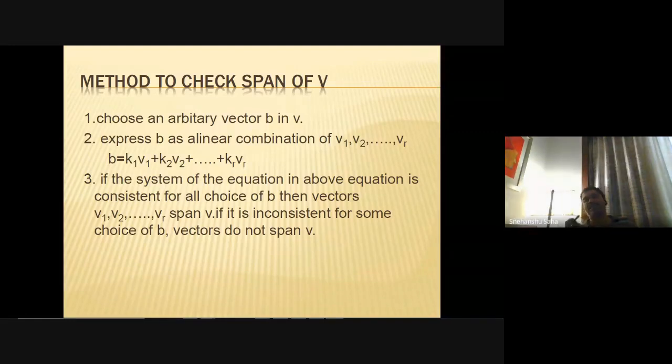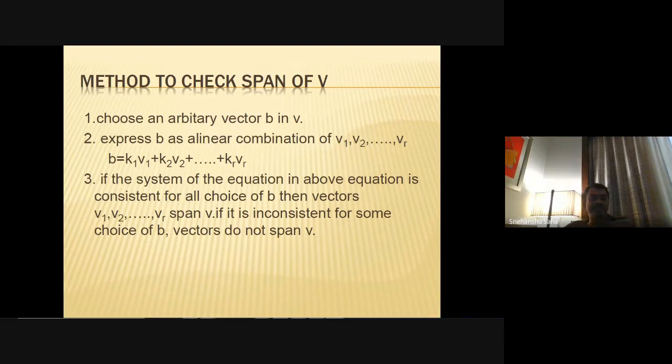In this case, your vector space is V, so imagine there exists a basis of V, V1 through Vn. If you are checking whether an arbitrary vector b is in the span of this vector space, all you have to do is represent this arbitrary vector b as a linear combination of those basis vectors. So you write it, and then it gives you a system of equations, right?